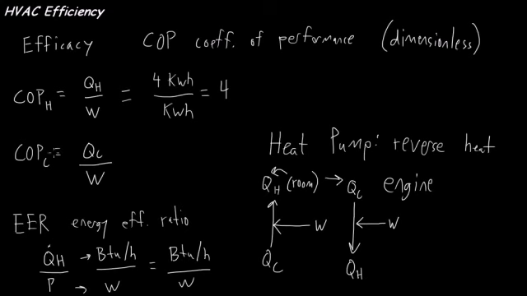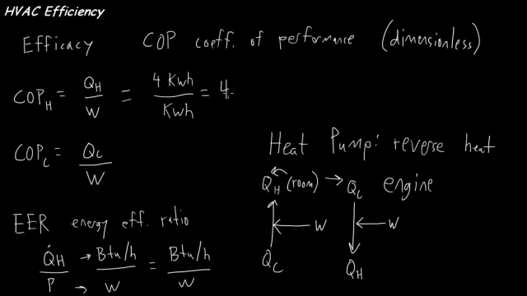It measures the same thing as COP, it's just that COP is unitless. I can convert between these because if I wanted to convert BTUs per hour to watts, I would simply divide by 3.4. So let's start with COP.